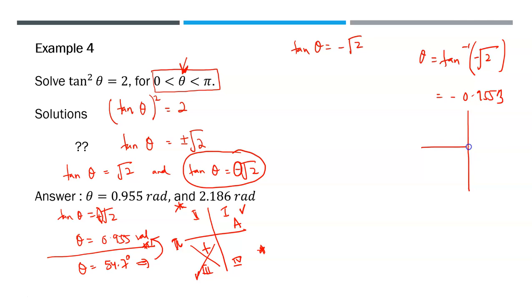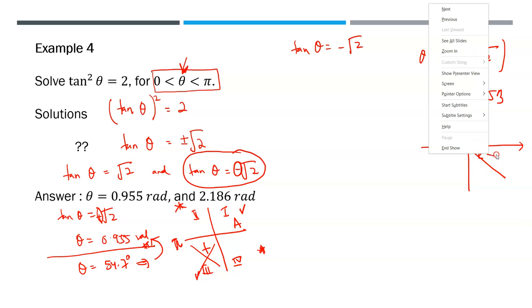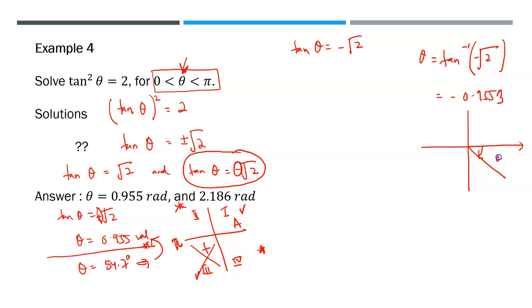When you sketch in the graph, negative is a clockwise angle. It is somewhere here, negative 0.9553, this side, but our solution should be in the anti-clockwise direction.